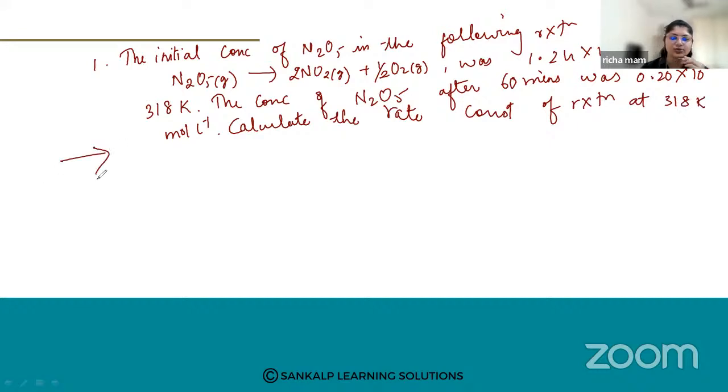So what all is given? Initial concentration is given and after 60 minutes the concentration is also given. So initial concentration, R naught, is 1.24 into 10 raised to minus 2 mole per liter.